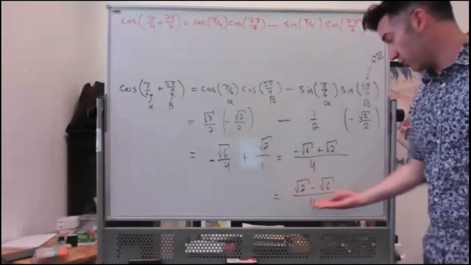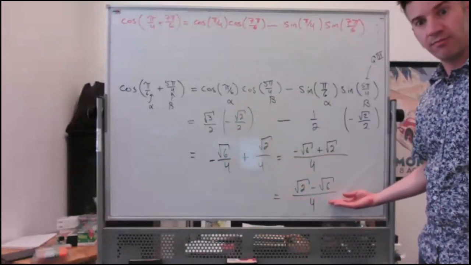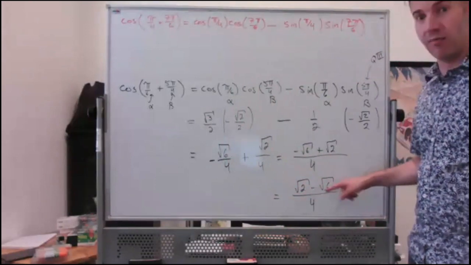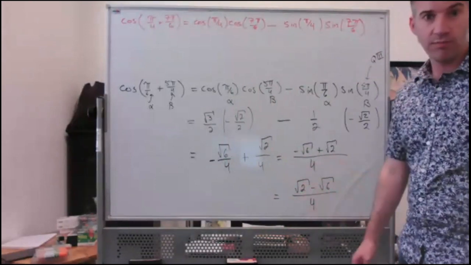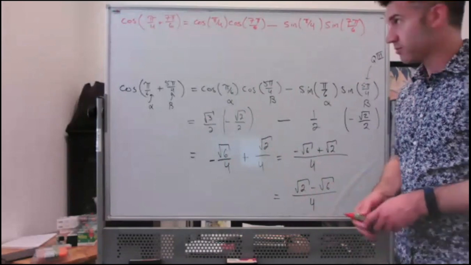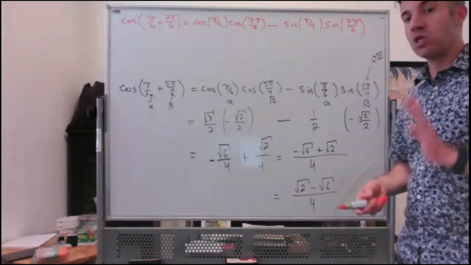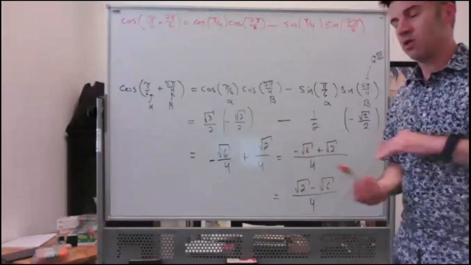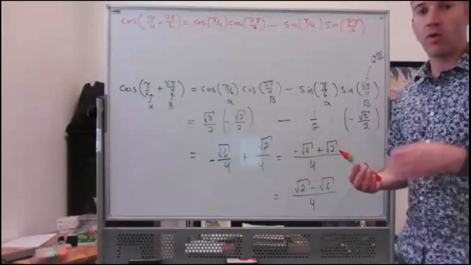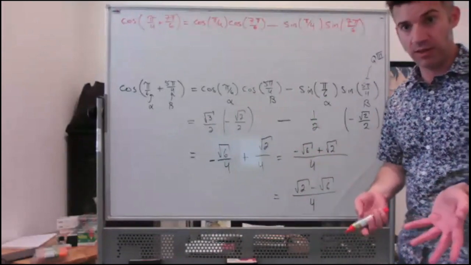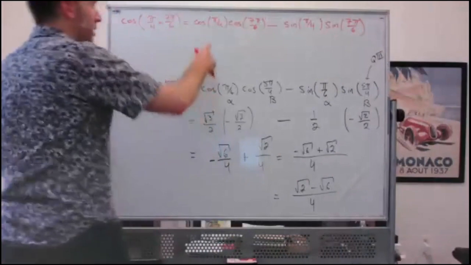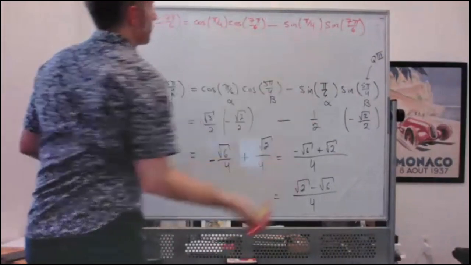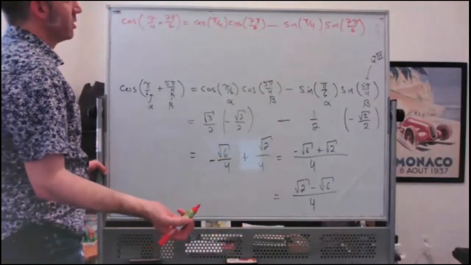And our overall answer is negative. It's a number minus a bigger number, which is negative, all over 4. But again, for this kind of problem, you really don't need to think about what quadrant the original angle is in. You only need to think about what quadrants these angles are in. Okay, thank you. You're welcome.